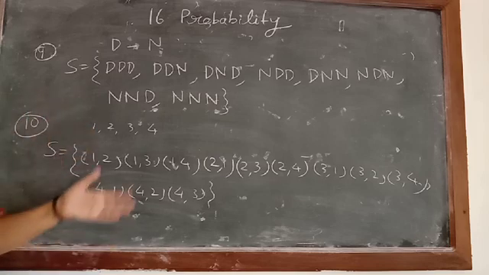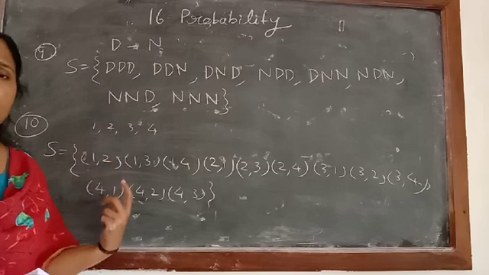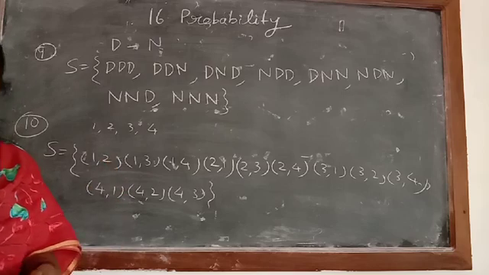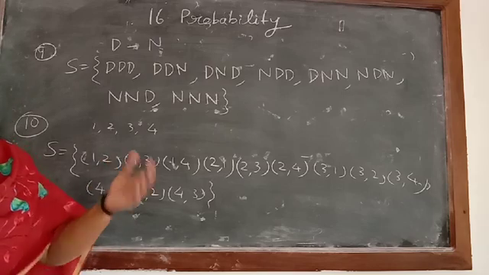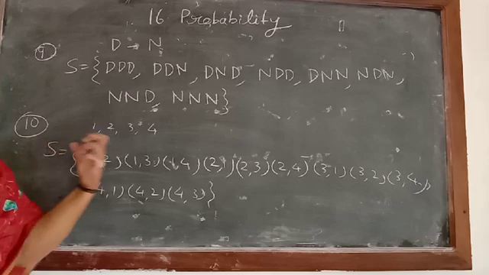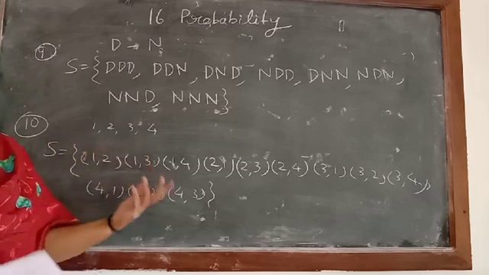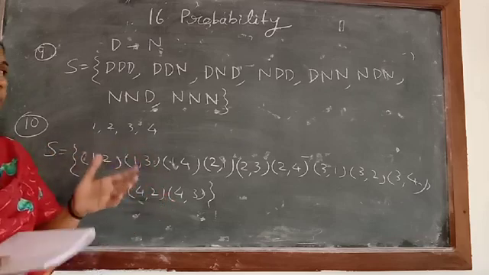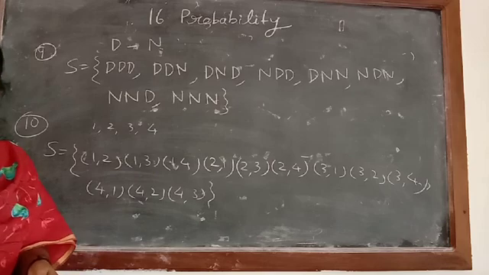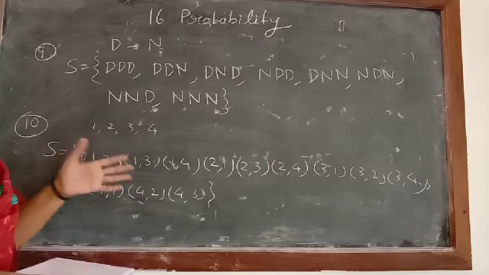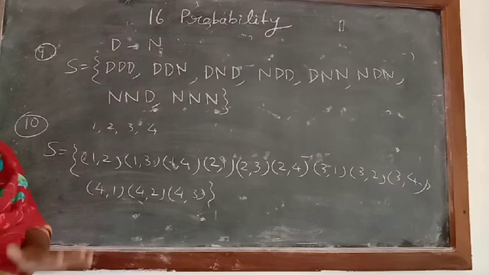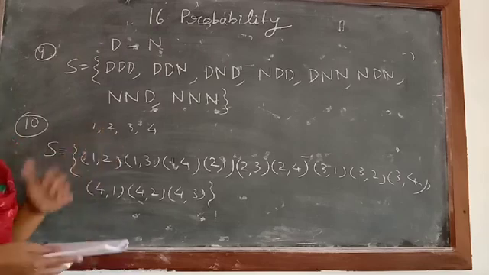So I think how to write down the sample space is clear to you, because to do the next exercise first we have to write down what will be the sample space, and based on that only we can find the probability of the event. Okay, so all of you, your first exercise 16.1 is based on this concept only.